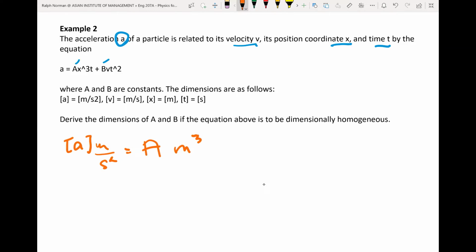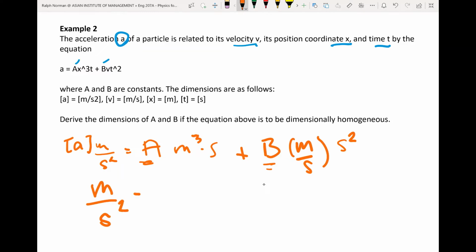And times t is in seconds, so s plus v. Velocity is what? Meters per second, and you have t squared, so that's s squared, right? So what are the units ba ni A and B para ang n unit natin is ms squared.